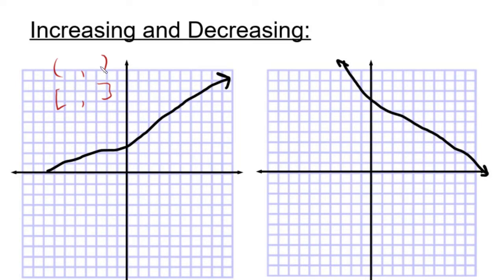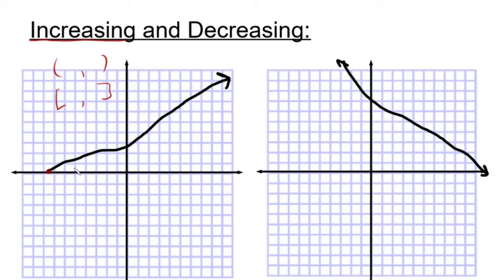But an increasing function is a function where, as your x values get bigger, your y values are also getting bigger. And what that means is you start by imagining the leftmost part of the graph, and then you start moving to the right, because those are the x values that are getting bigger.